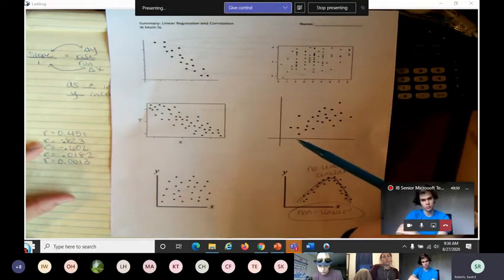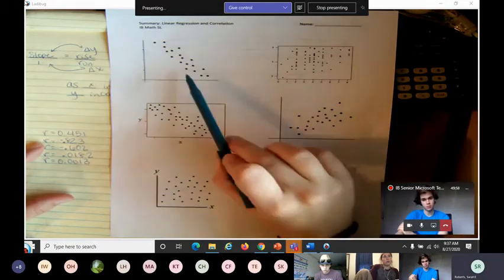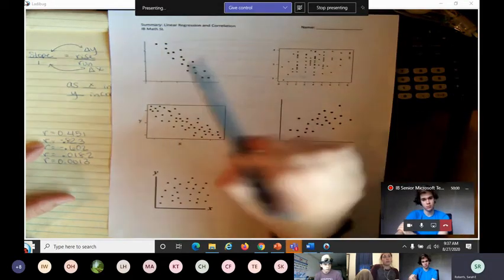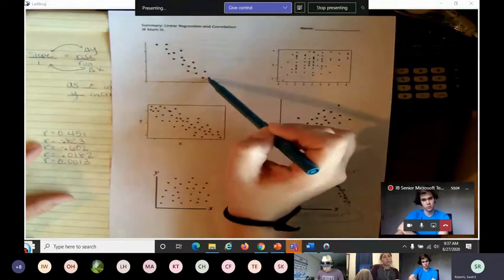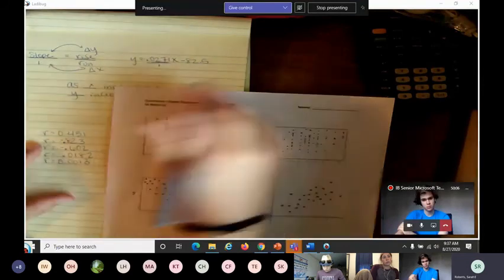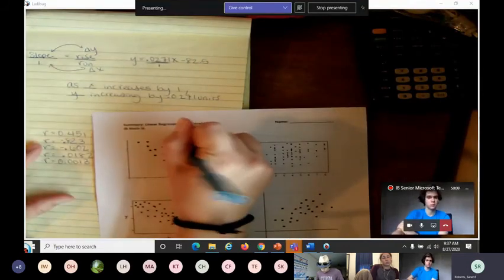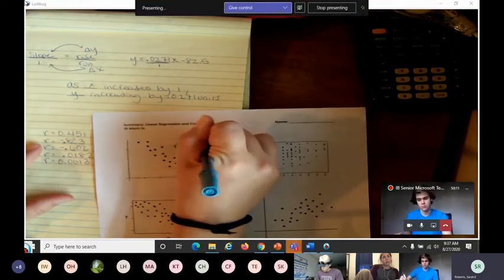Which of our graphs has the strongest correlation? The first one. And notice this R value is negative, and this also has a negative slope. Okay, so we're going to match these. So this is going to be R equals negative 0.823.